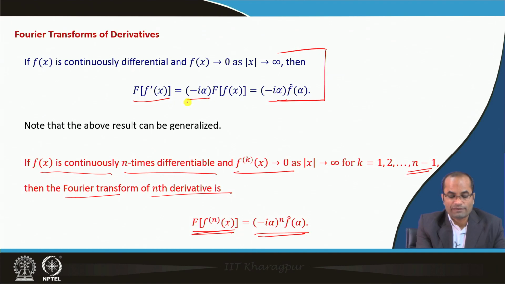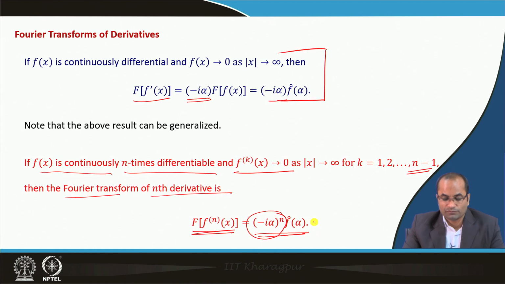So, every time minus i alpha, that means (minus i alpha) to the power n times the Fourier transform of f. That is a very simple property which can reduce the derivatives with the application of the Fourier transform to the derivative of the function.